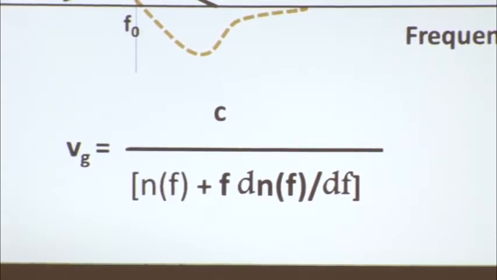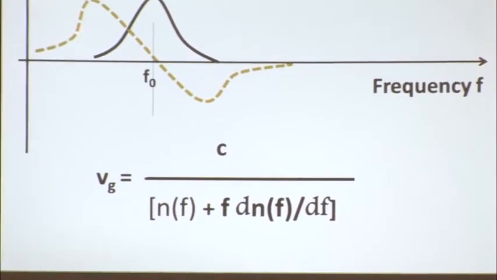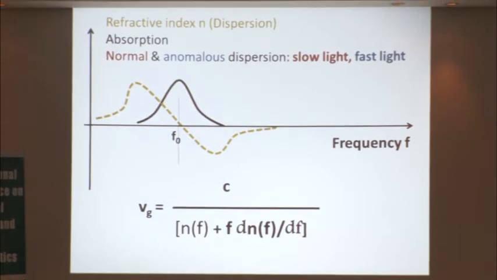So this term is what we are talking about, and in optics this part of the refractive index is called normal, and this part anomalous dispersion, and this corresponds to slow and to fast light.